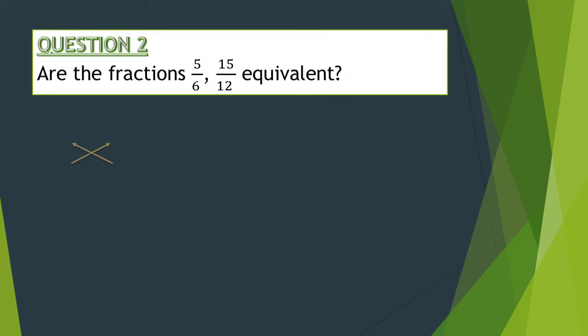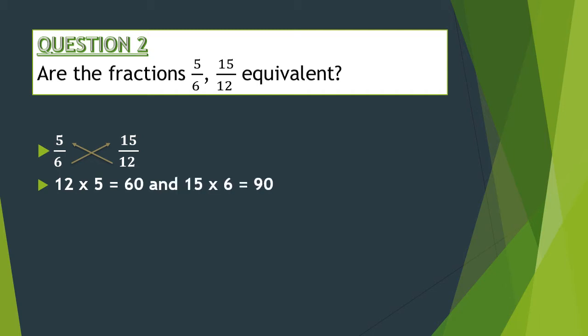Second question is, are the fractions 5 upon 6 and 15 upon 12 equivalent? We are supposed to tell here whether the given two fractions are equivalent or not. So the best method: just cross multiply the fractions and find out. So 5 upon 6 and 15 upon 12, when we cross multiply these fractions, we get 12 fives are 60 and 15 sixes are 90.